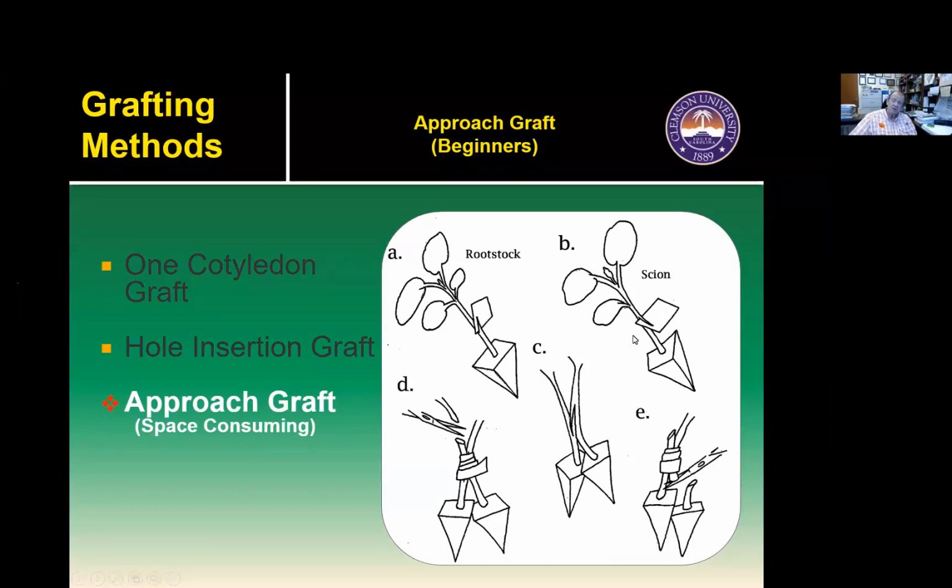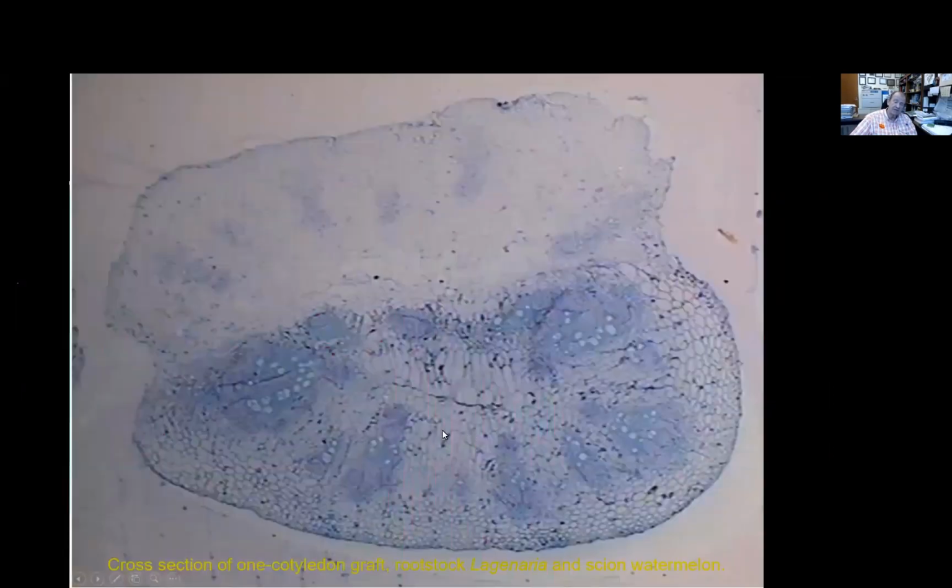And then what you're going to do is bring this one and this one together by inserting this into that area right here. Then these two are going to be put into a bigger cell itself. And then you're going to come a week later and cut the rootstock top off of here.